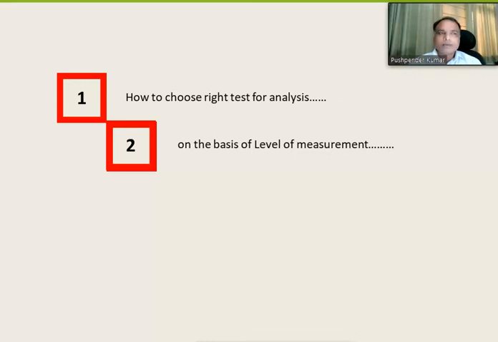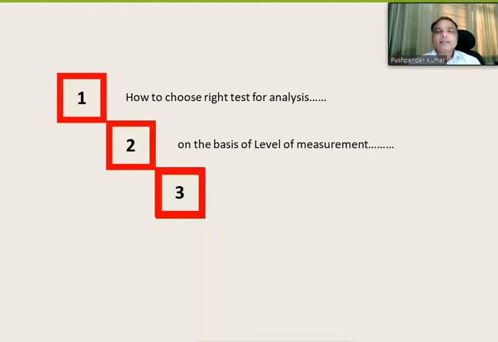Is it just that you have collected data and, on the basis of the literature review, you feel these tests are fine for analysis? Before that, the first criterion you need to decide is the level of measurement in your research. On the basis of the level of measurement, you can decide which test to use for your analysis.